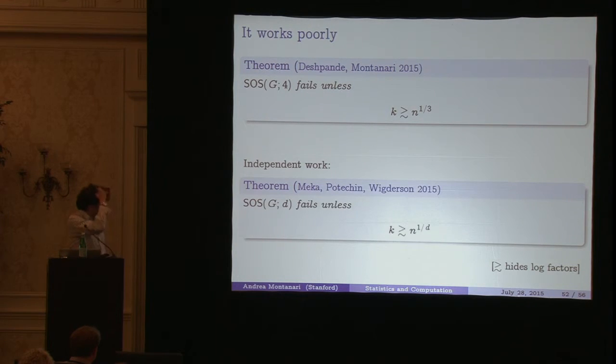At the same time, more or less, there was an independent paper by Raghu Meka, Aaron Potechin, and Avi Wigderson that proved that SOS_d fails unless k is bigger than n^{1/d}. So this result is stronger in the sense that it looks at any d, but is weaker for d equal 4. So this is a more careful analysis that very carefully analyzes the construction for d equal 4.